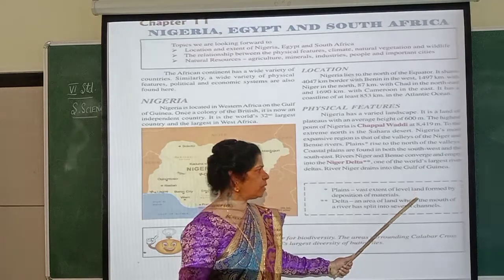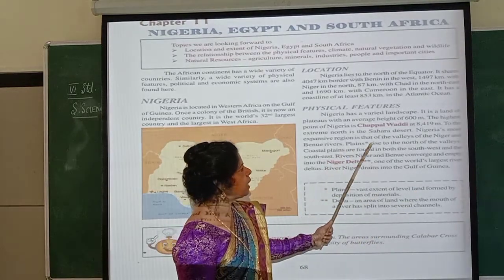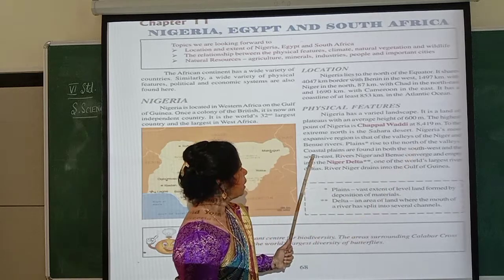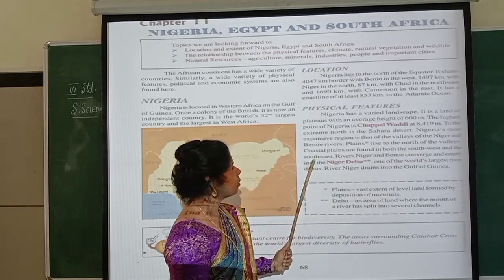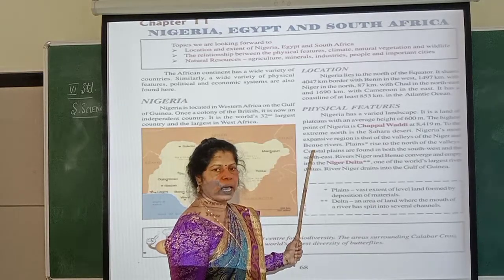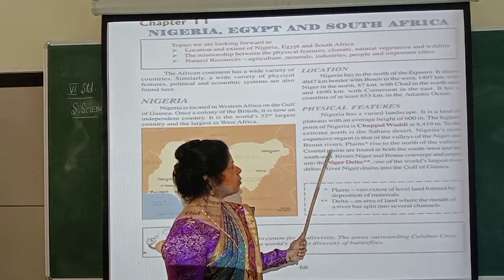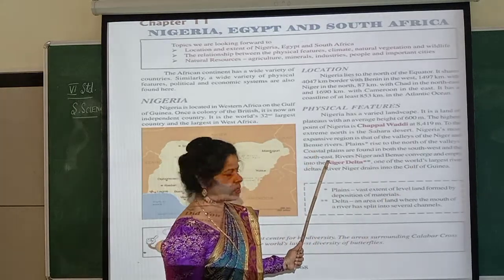It's a flat land formed by deposition of materials. Okay, so plains rise to the north of the valleys. Coastal plains are found in both the southwest and southeast. Coastal plains, where there is the presence of ocean, already you know it is the Atlantic Ocean, isn't it? So the coastal plains are found in both the southwest and the southeast.